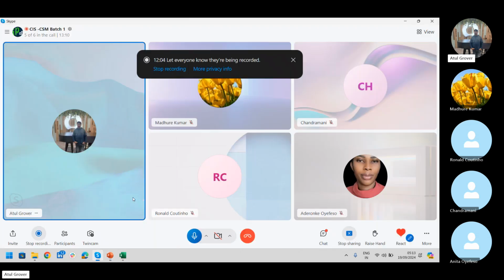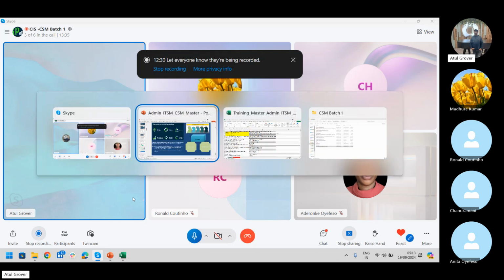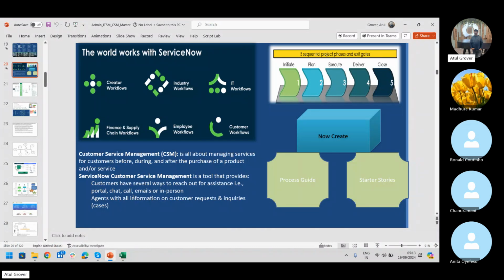In CSM and ITSM, to differentiate these parts, ServiceNow introduced the word case and the word agent. In ITSM, it is an incident, and it is the service desk or the fulfiller. But in CSM, it is a case and the agent, not the service desk. Agent and case work together here. So this is the basic definition of CSM.